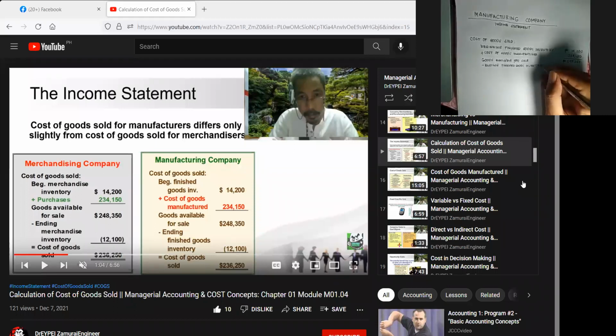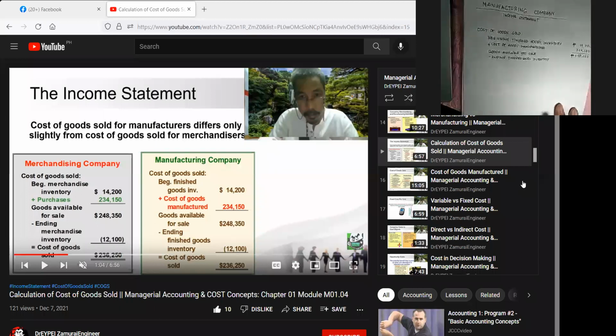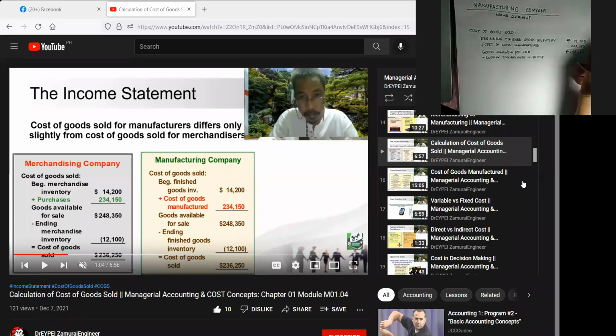Ending finished goods inventory. How much? Ending finished goods inventory is negative. Must be subtracted. So that must be inside the parentheses. So that is 12,100.